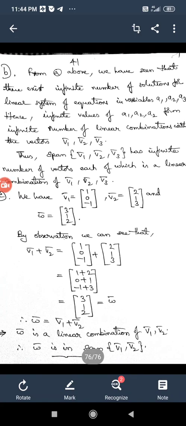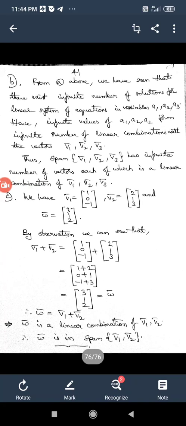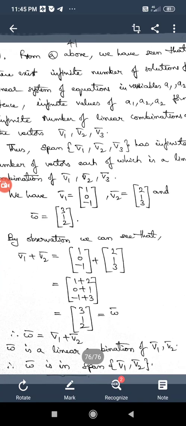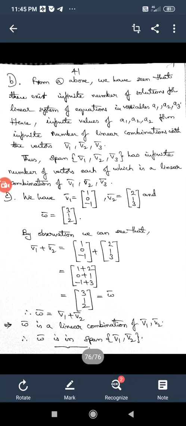From A above, we have seen that there exist infinite number of solutions for the linear system of equations in variables a1, a2, a3. So the infinite number of solutions means the scalar coefficients a1, a2, a3 in the three equations represented by equation 2 have infinite number of values.